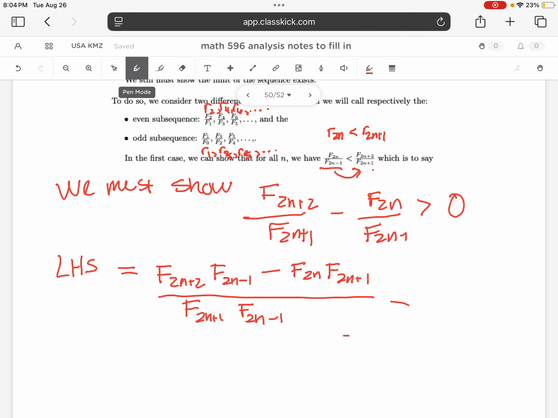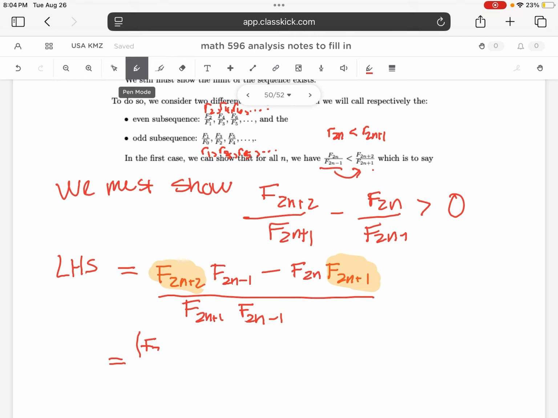All right, so what do we do with this? How do we show that this is always going to be positive in order to show that this is an increasing subsequence? Well, again, we're just going to apply what we know about Fibonacci numbers using their recursive definition. I'm going to rewrite each of those highlighted terms using the recursive definition of Fibonacci numbers. So f2n plus 2 is just the sum of the previous two Fibonacci numbers.